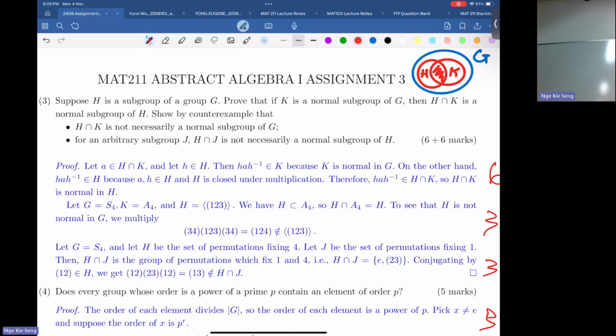If H is normal, what do you need to check? Do you have the lecture notes? Check quickly. Albert, what's the definition of a normal subgroup? Sorry? No. What's the definition of a normal subgroup? Quickly check. Wang Jiayi, what's the definition of a normal subgroup?